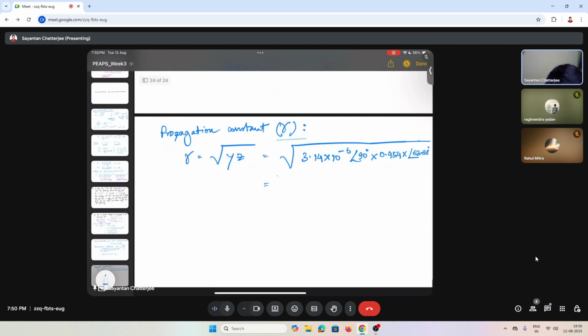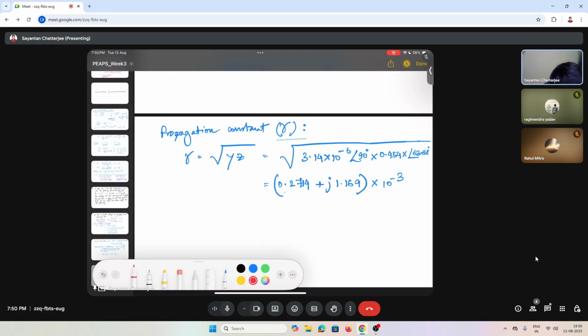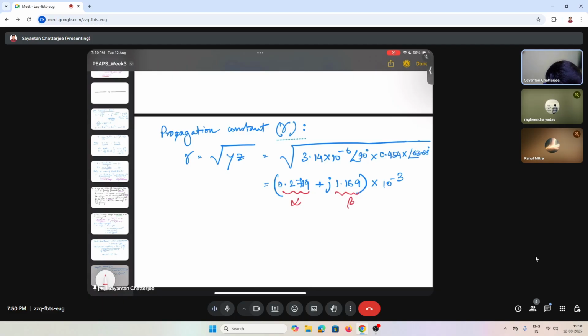It is given as 0.2714 plus j into 1.169, into 10 to the power minus 3. So this is the value given, where this one can be treated as alpha, this one can be treated as beta, since the 10 to the power minus 3 will be common for both.